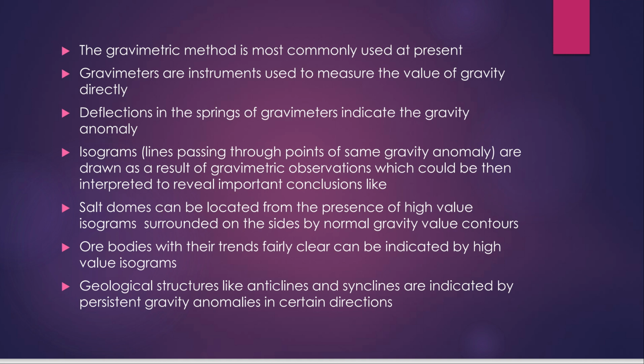High gravity anomalies mean presence of salt domes. Ore bodies with their trends fairly clear can be indicated by high value isograms. High value isograms that are fairly clear indicate the presence of ore bodies.